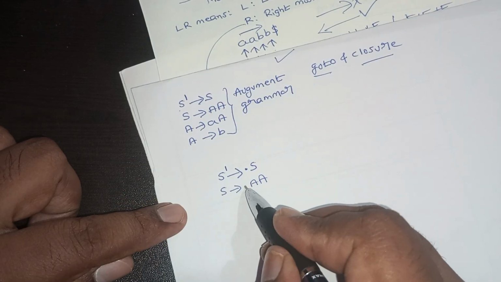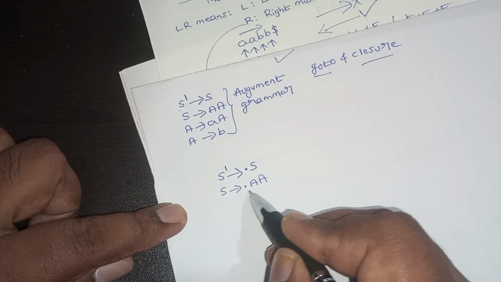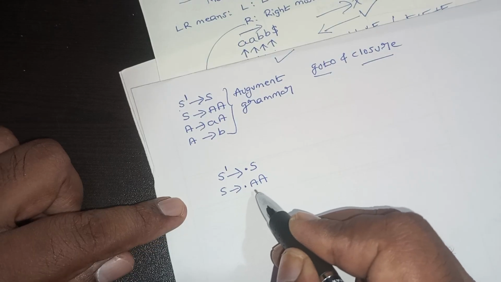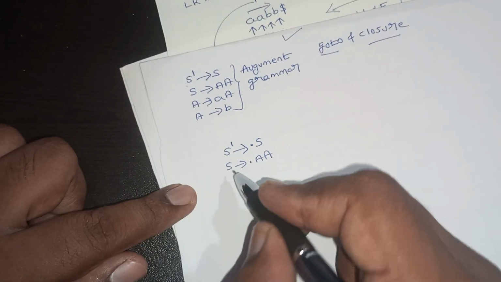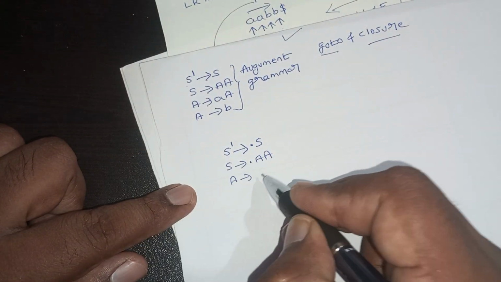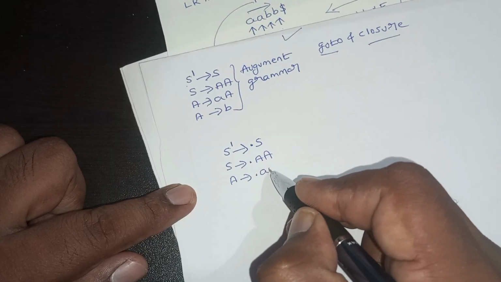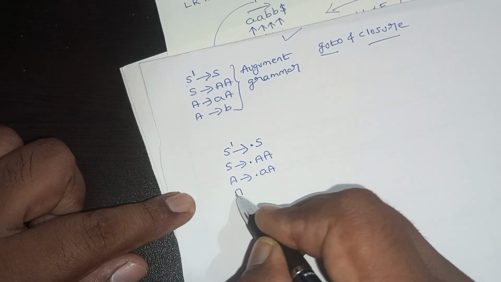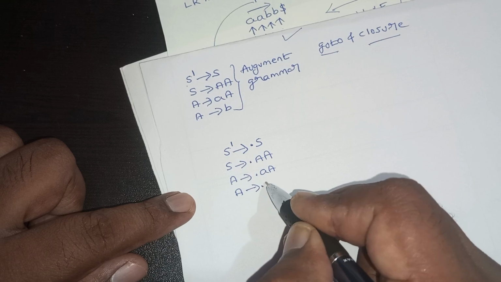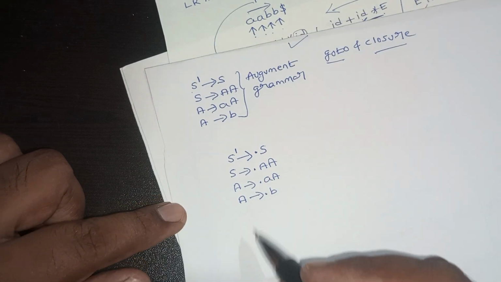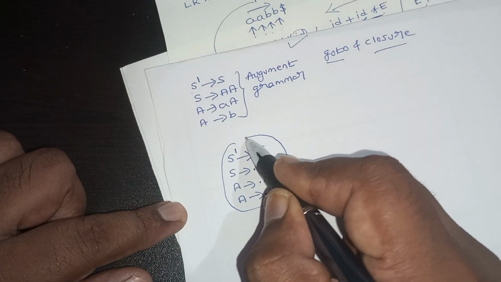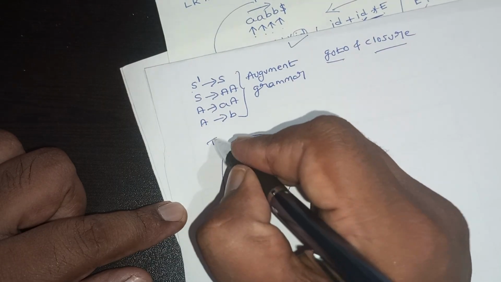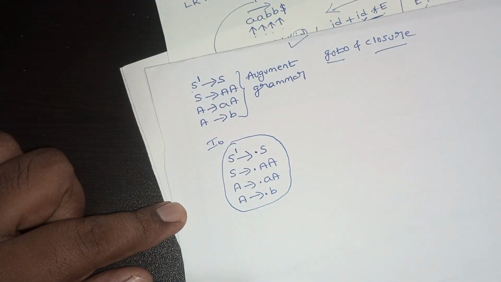Again, for the left of A I am having the dot, so add all the rules of A: A tends to dot aA, A tends to dot b. You name it as I0. That is closure.